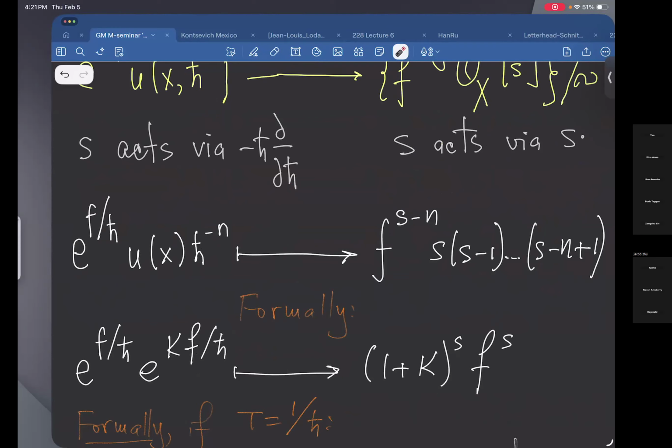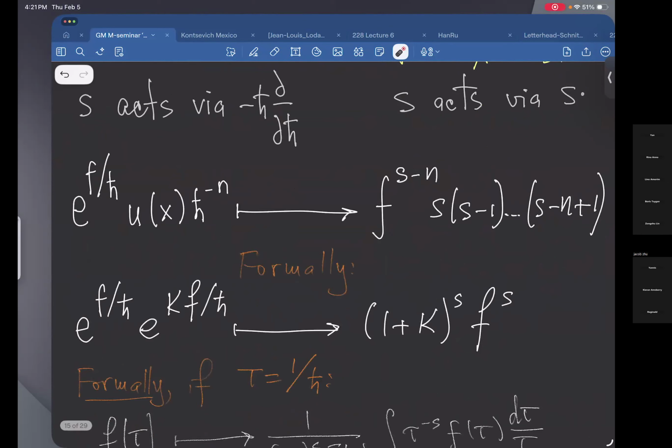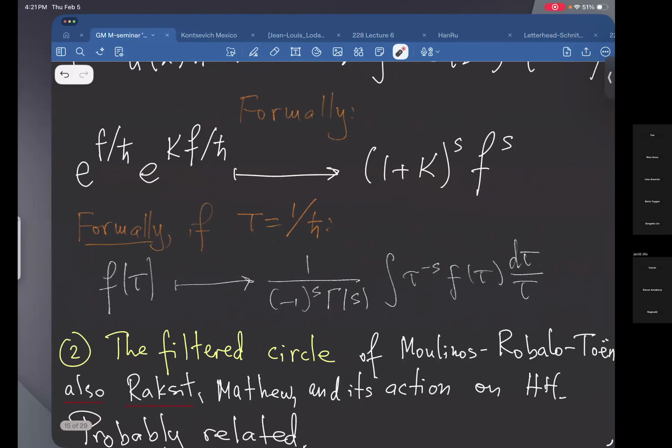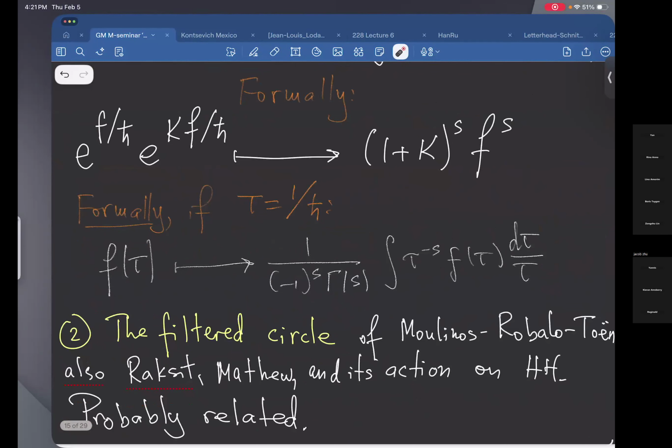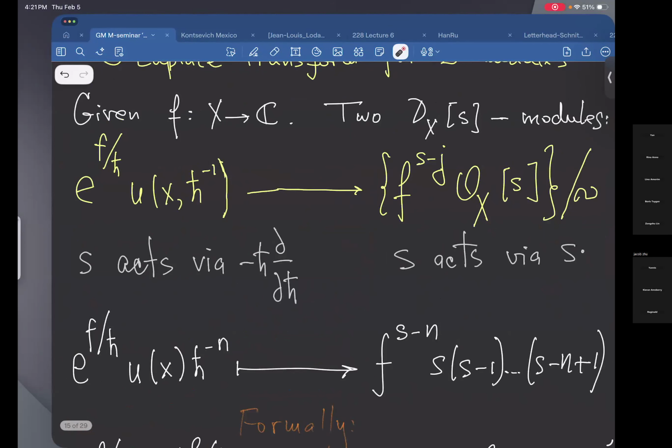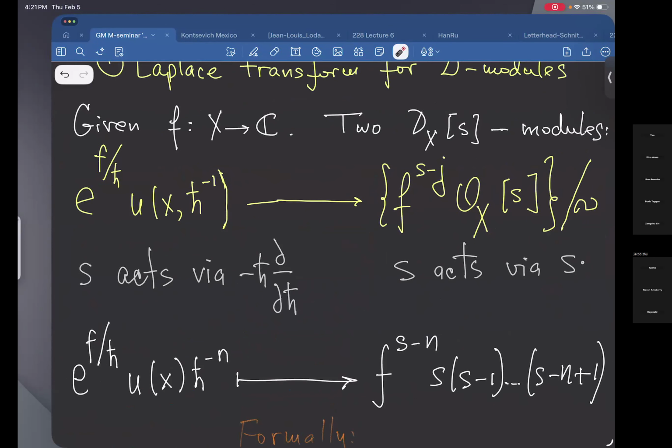And it does intertwine S with this. So, of course, it's some sort of formal Laplace transform. So this f corresponds to your f previously? I mean, not just notationally, I mean kind of really.